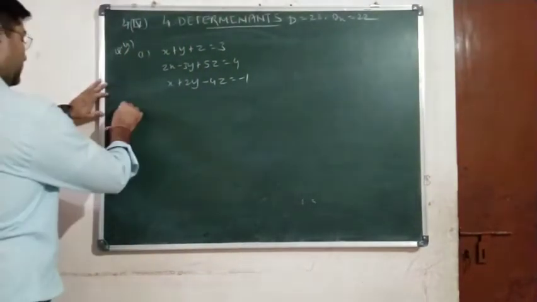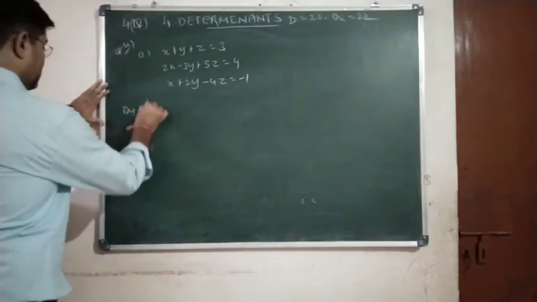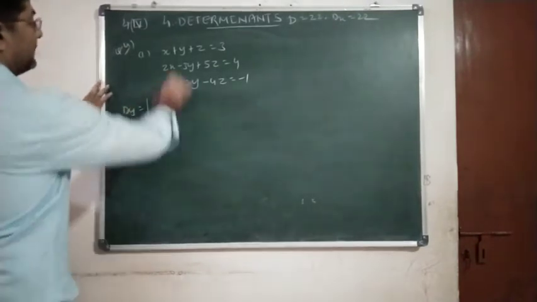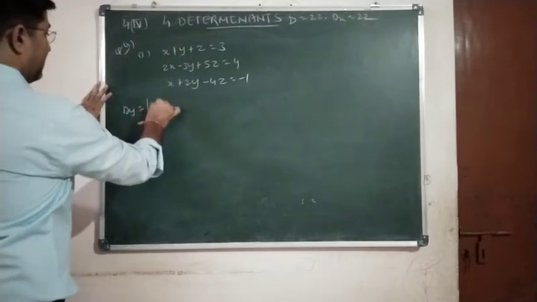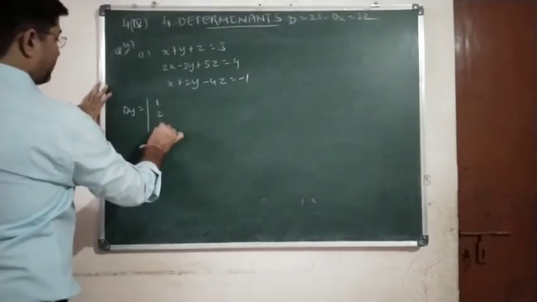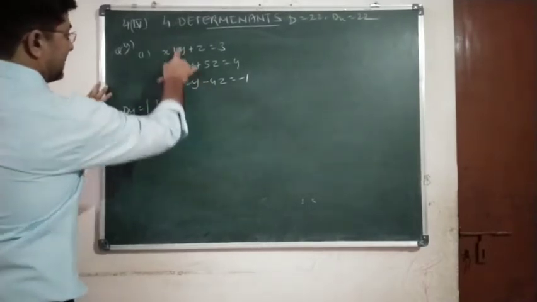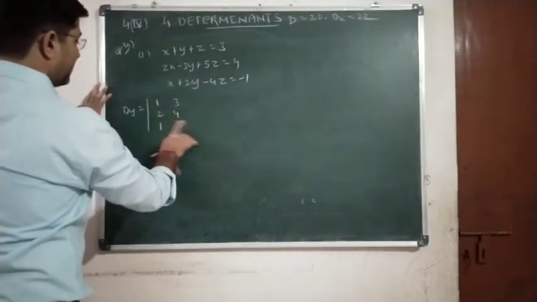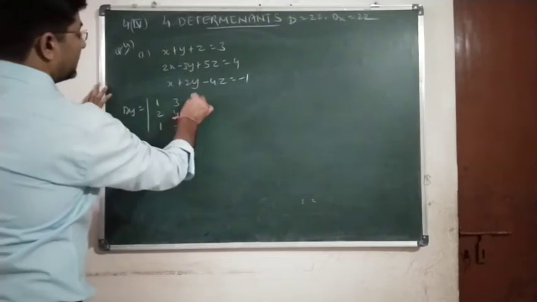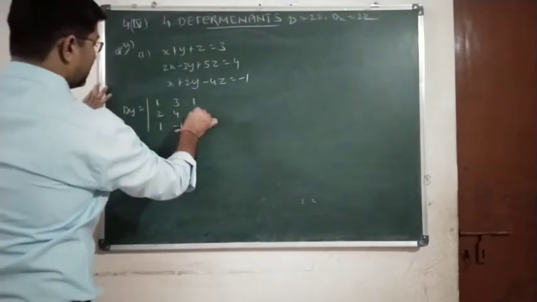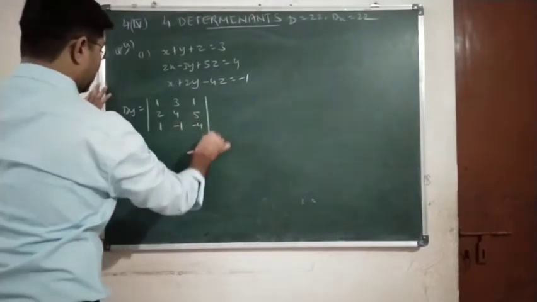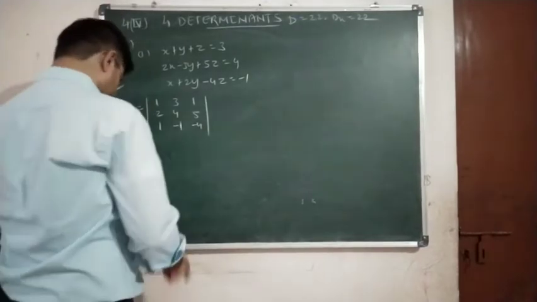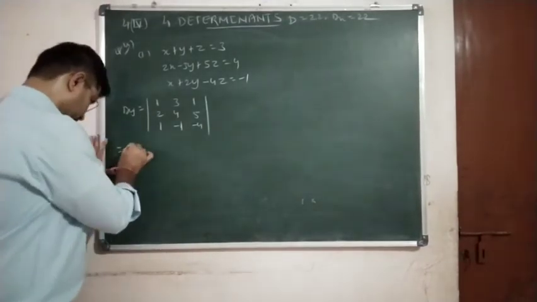Okay, now dy. In dy, the second column will be replaced by the constant terms. The first and third columns stay as they are. In the second column 3, 4, minus 1, and the third column will be as it is, 1, 5, minus 4. And let us solve the determinant.